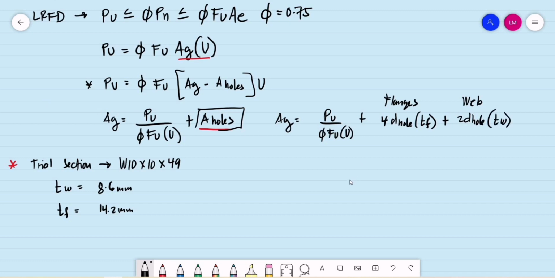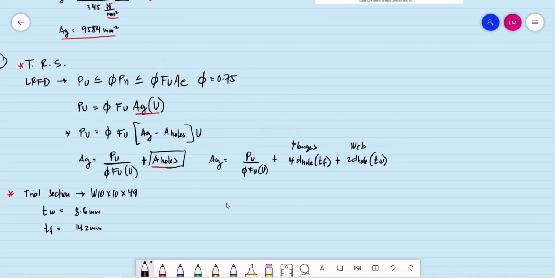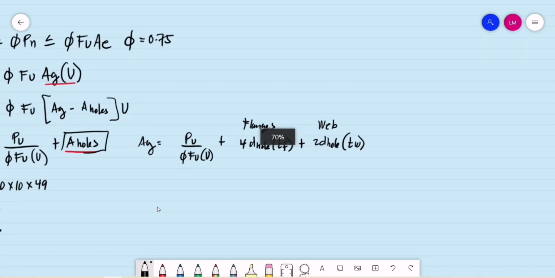That's how we write it in terms of an equation. Again, what is our shear lag factor for this case? Assuming that the load will be distributed to all fasteners, it is equal to 1.0.